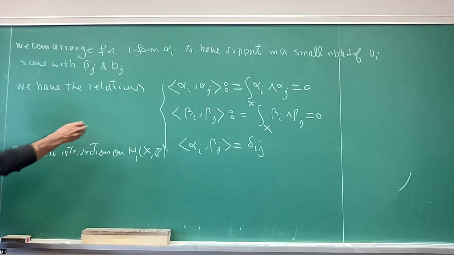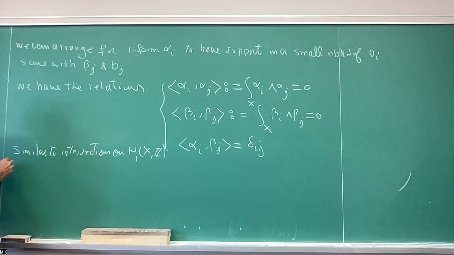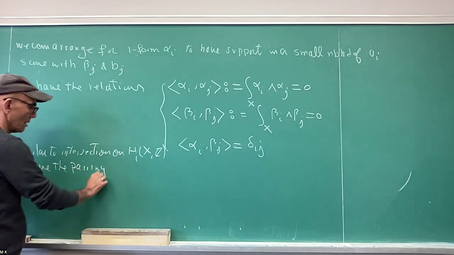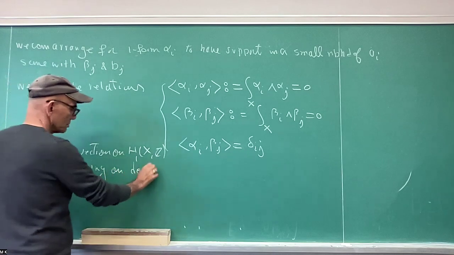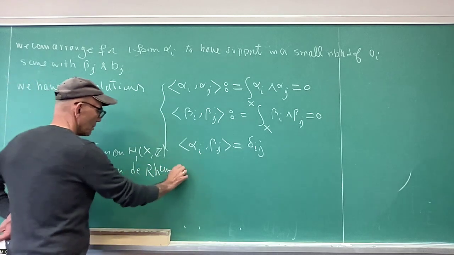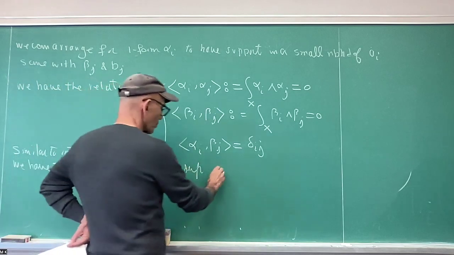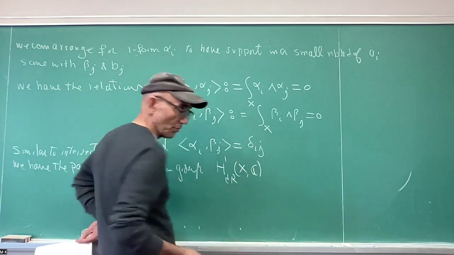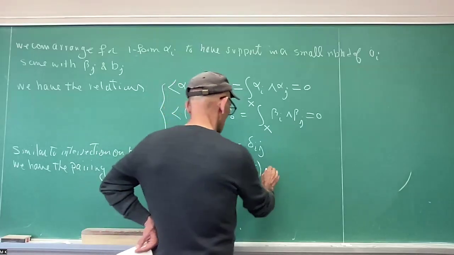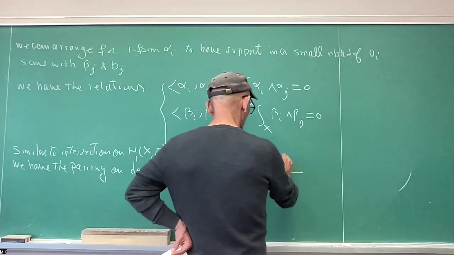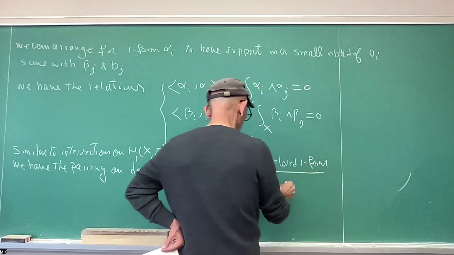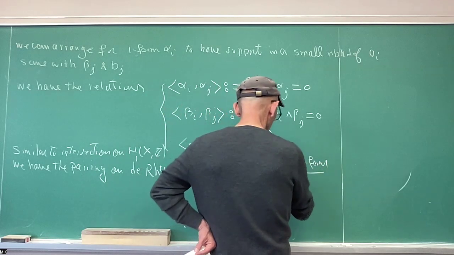So we have a pairing on the de Rham cohomology. This de Rham group is H1 de Rham of X with complex coefficients. Actually, we always work with complex coefficients. This is the closed one forms by definition divided by exact one forms.